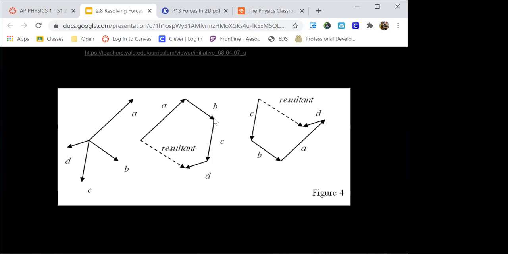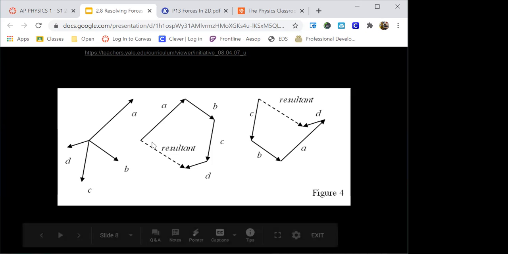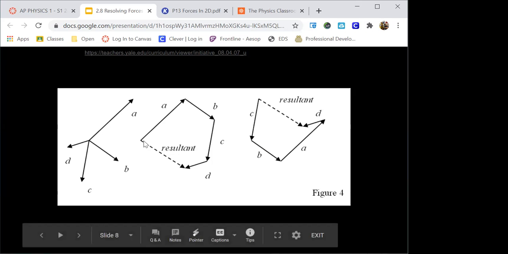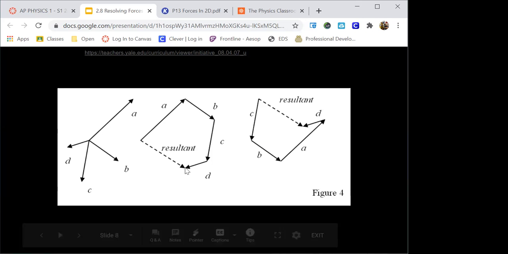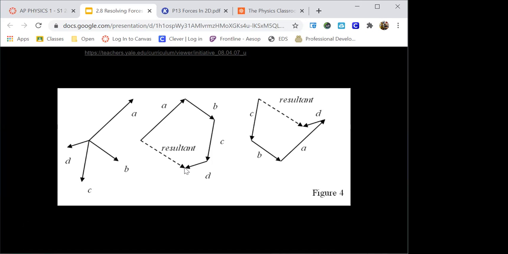And then we keep adding head to tails for each one until we have used all four of our arrows, all of our forces drawn out, and the gap between where we started and the tip of that last arrow is our resultant.